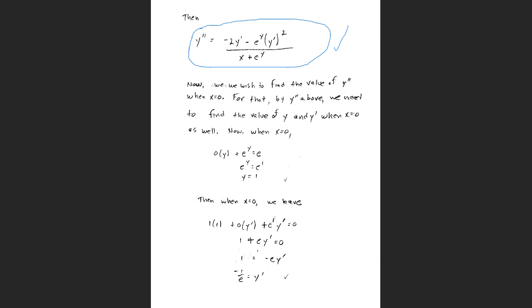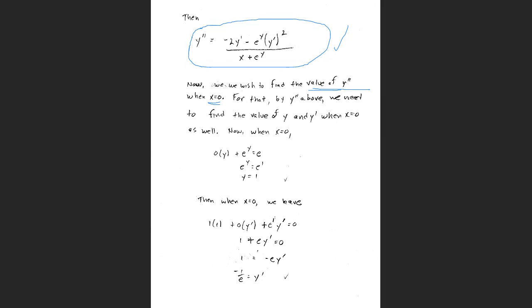Remember in the original problem, they want you to find the value of the second derivative when x equals 0. So they're looking for a number. They're looking for the value of the second derivative.